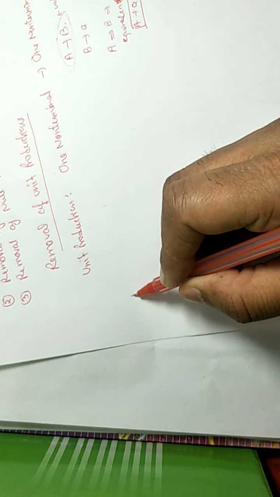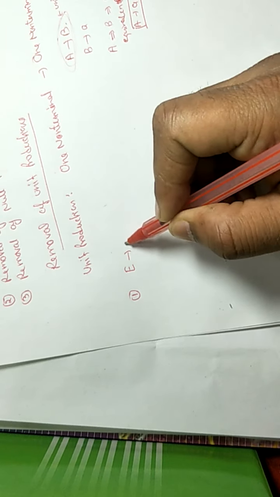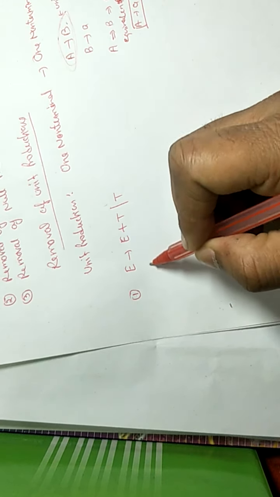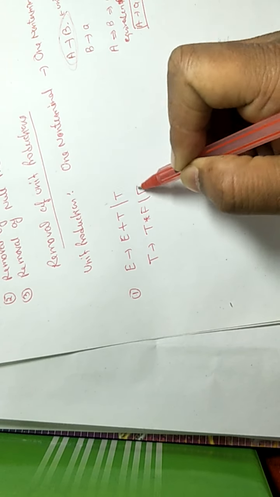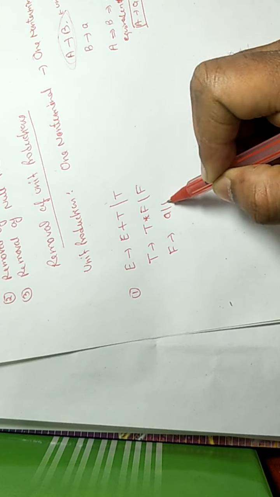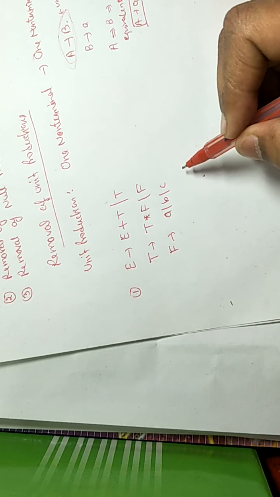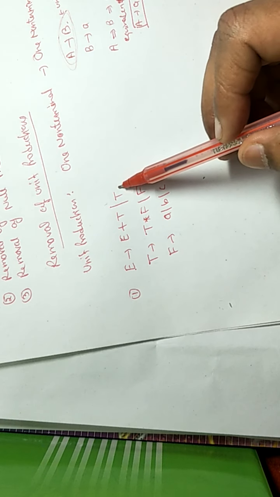Let us look at an example. Suppose we have E tends to E plus T slash T, T tends to T asterisk F slash F, and F tends to A slash B slash C. So here we have two unit productions, from a non-terminal to a non-terminal.